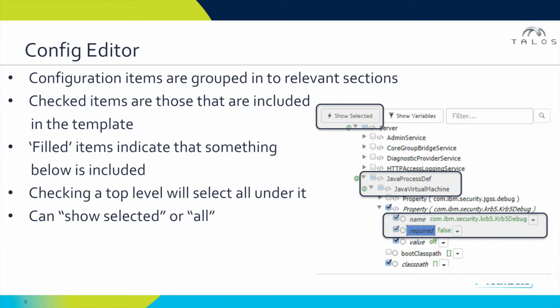You can filter what's visible down to just what's selected, so you can get a cleaner view of the configuration that you've selected, or you can show all. And you can highlight just the variables, so just the items against which you have created variables, you can show just those values.